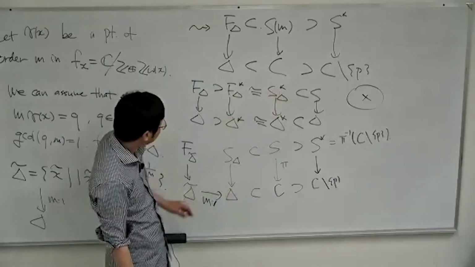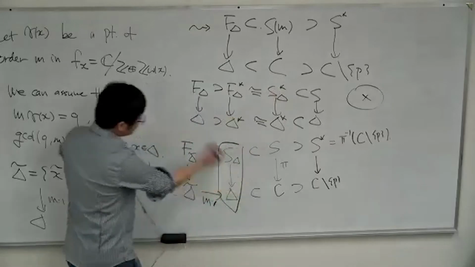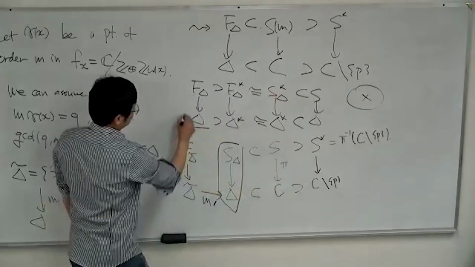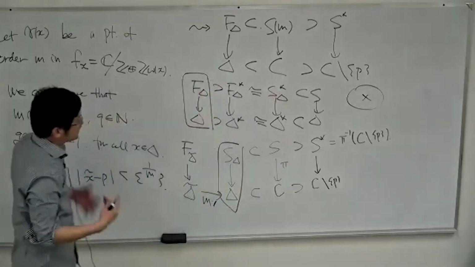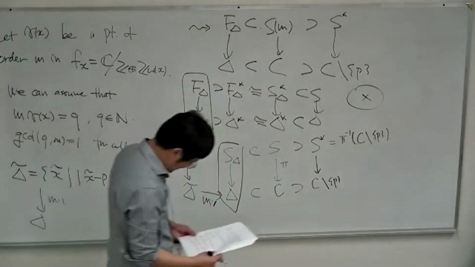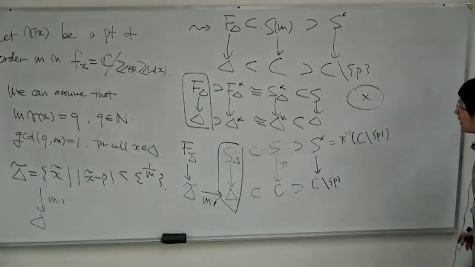So I can remove this part and glue this surface with this surface to obtain the new surface. So that's the logarithmic transformation. Let me give you some detail, but that's the basic idea. Okay, is there any question?